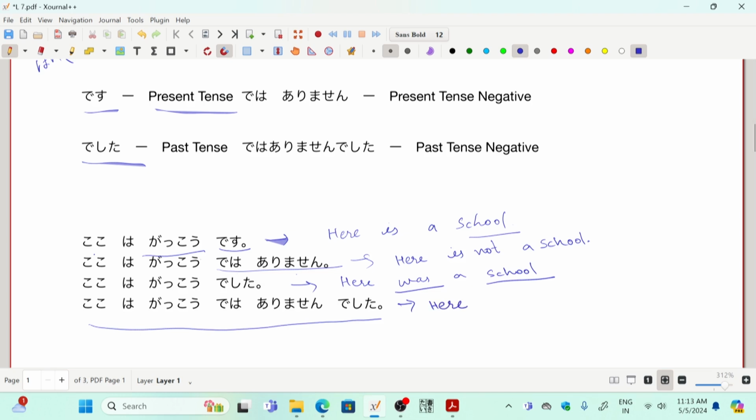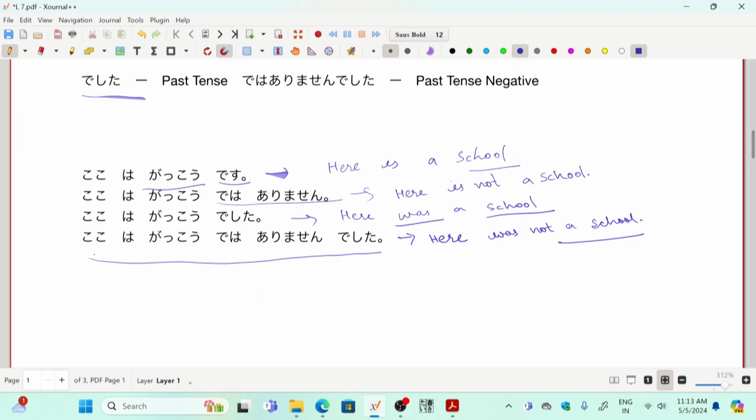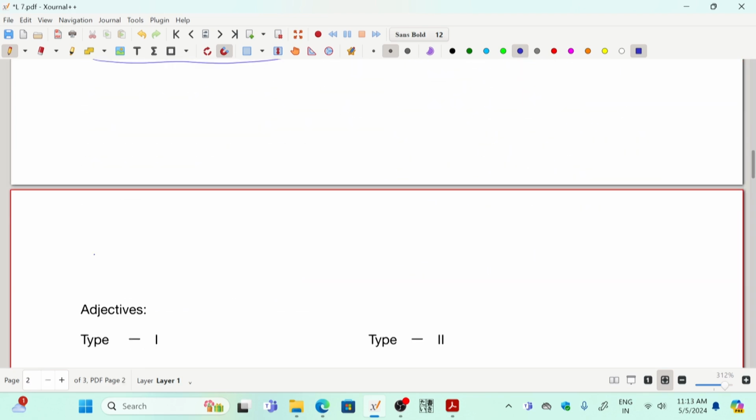So koko wa gakko de wa arimasen deshita will mean here was not a school. Okay, so this is how we finish desu, de wa arimasen, and deshita, de wa arimasen deshita.